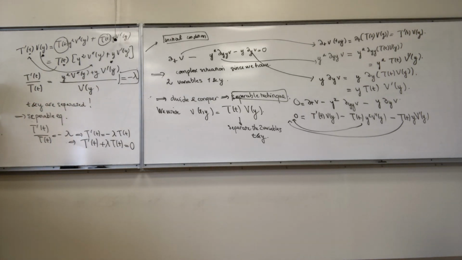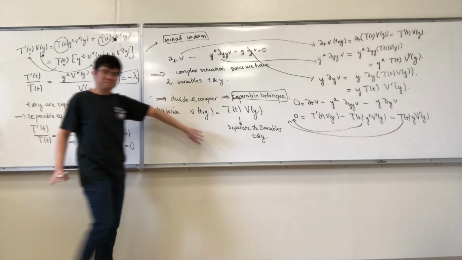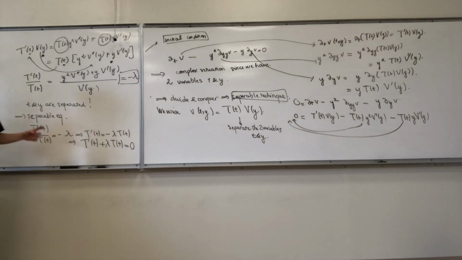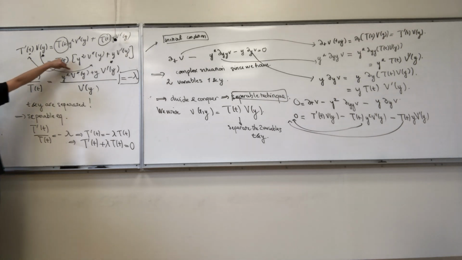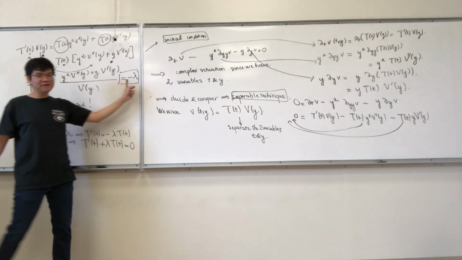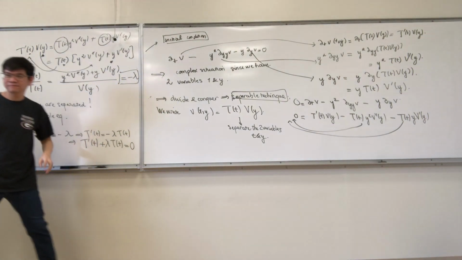It's clear? All right? So I explain again. After I separate the variables, I'm going to have T prime over T is equal to (y squared V second plus y V prime) over V, and this is minus lambda. All right?